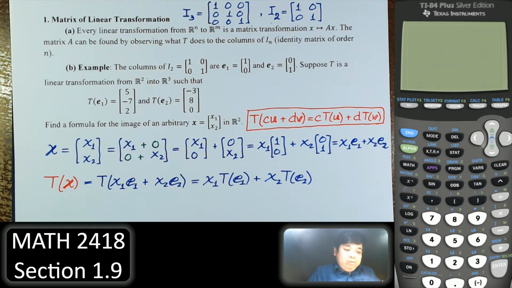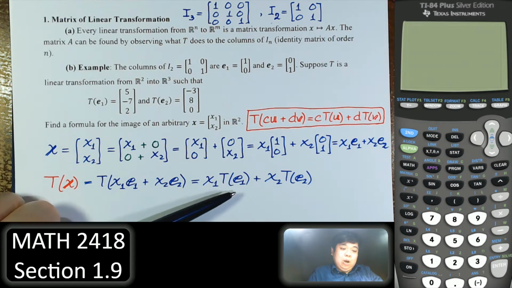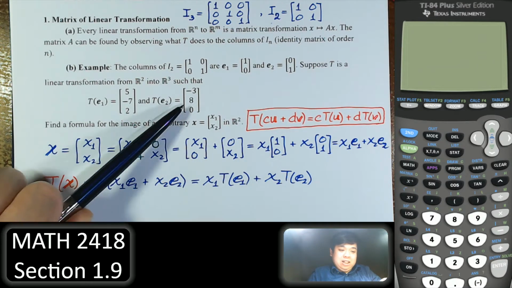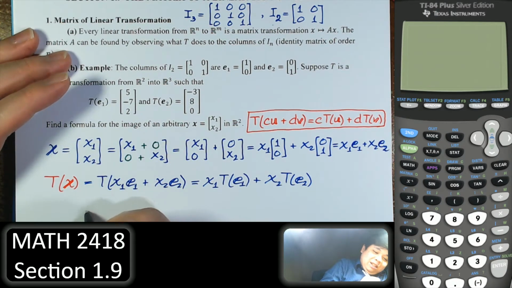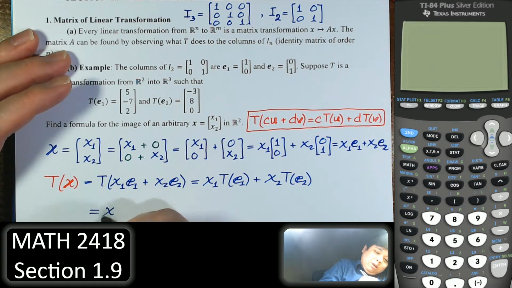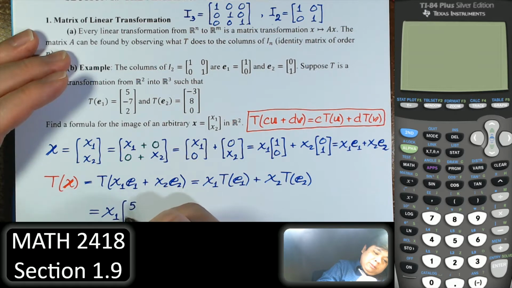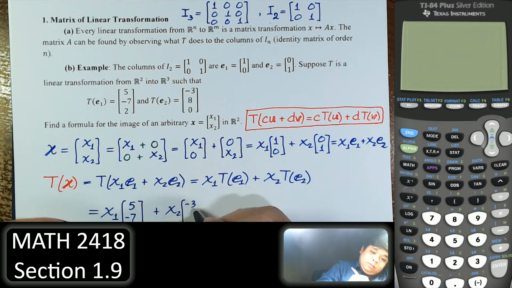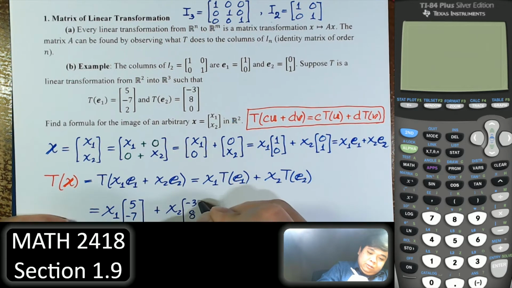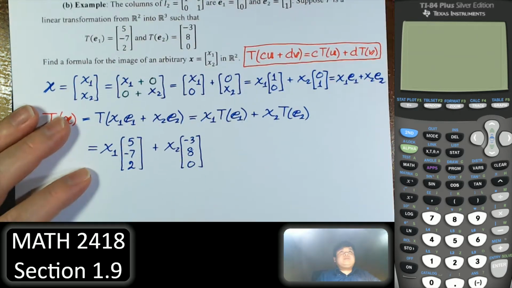And we do know T of e1 and T of e2, so we can substitute the vectors in, times x1 and x2.